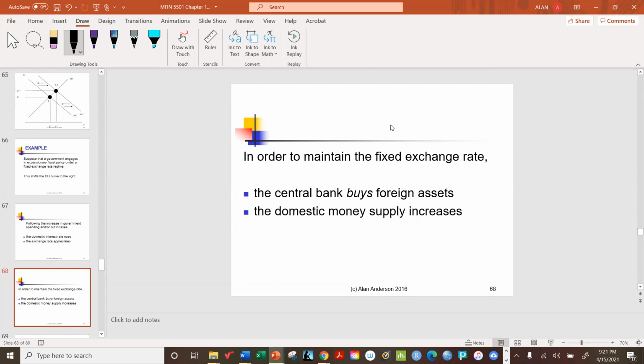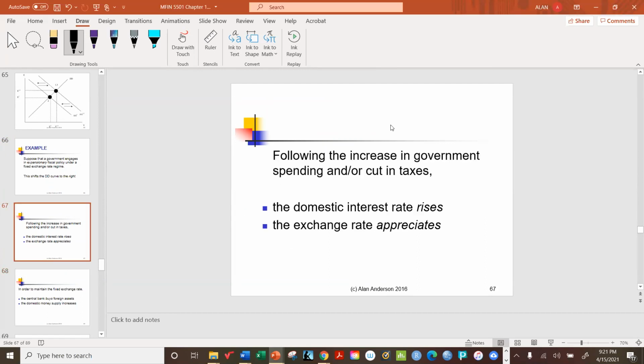And so now this time, when we shift this to the right, so this is our expansionary fiscal policy. And you can see the dollar's getting stronger, or the domestic currency, whatever the case may be, and the economy is getting stronger as well.